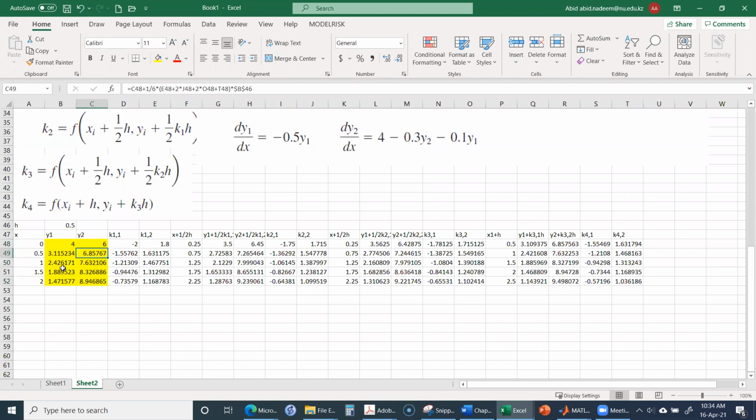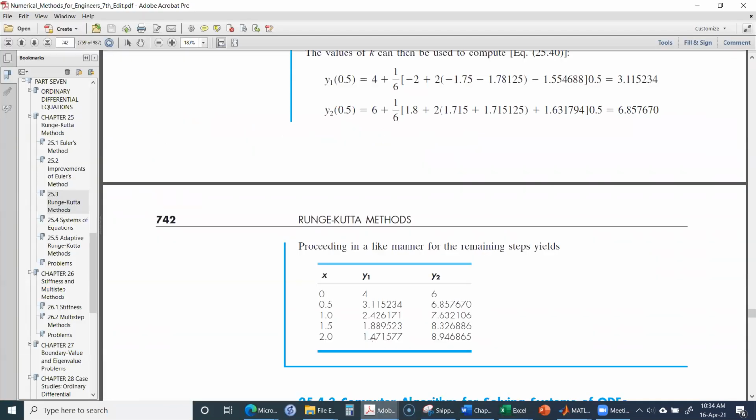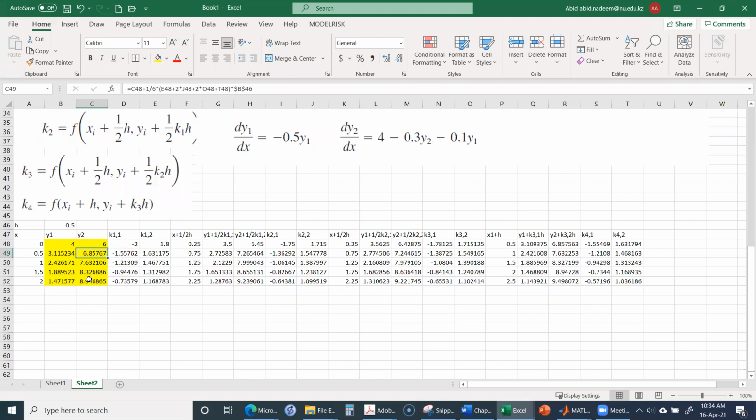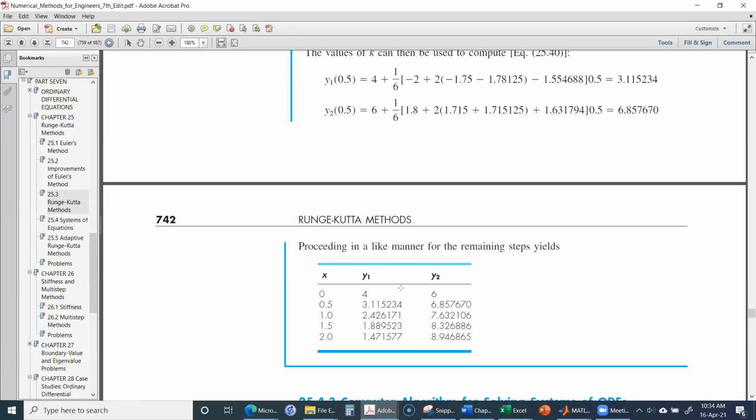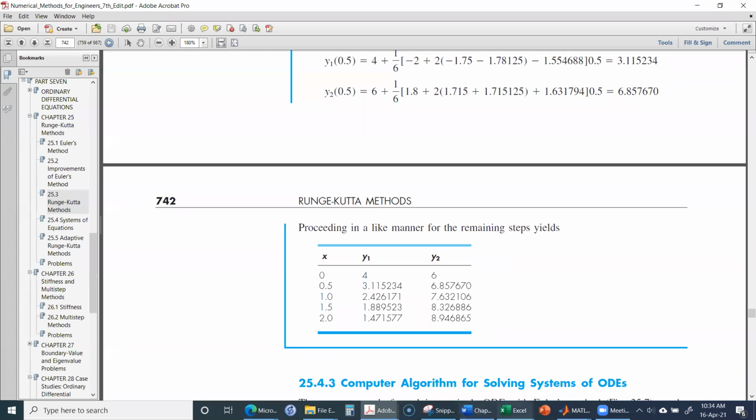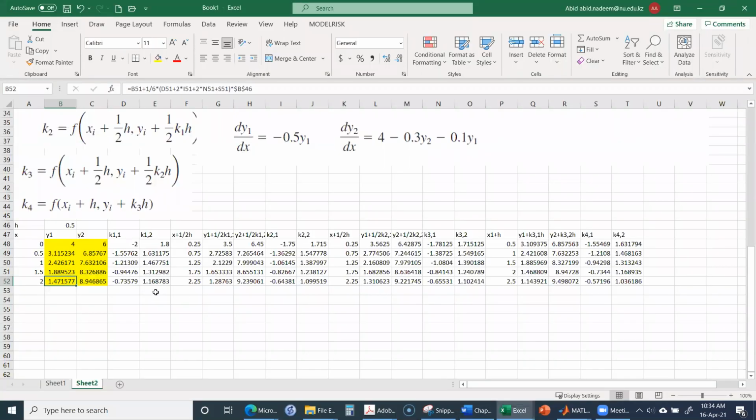So 6.8, 2.42, 1.7, 7.63. We have next values as 1.88, 8.32, and then 1.47, 8.94. So in this way, you can see that we have solved it using Excel.